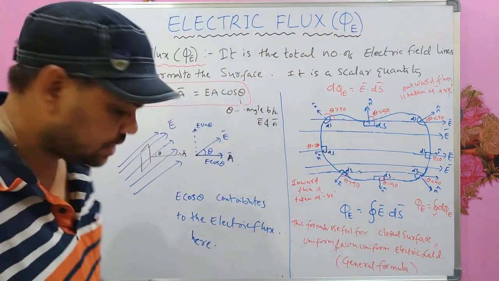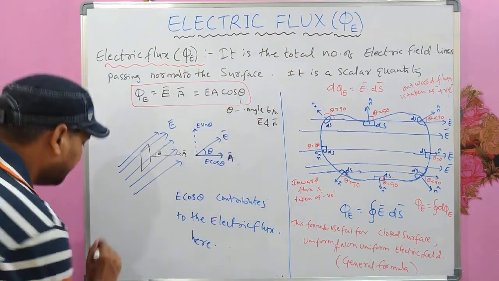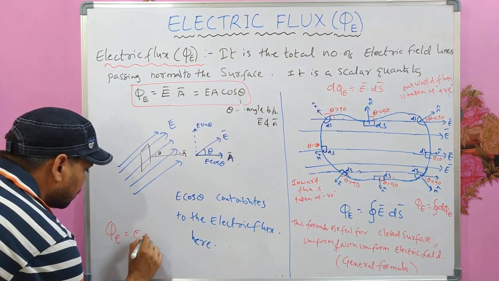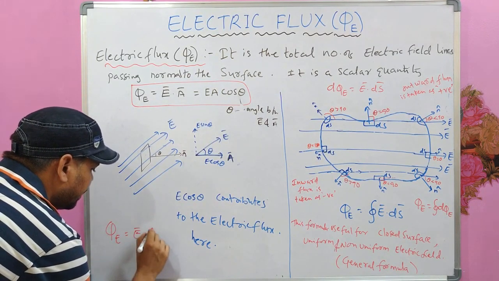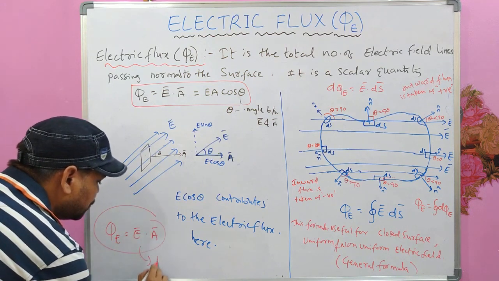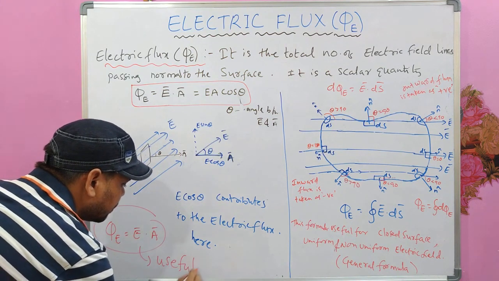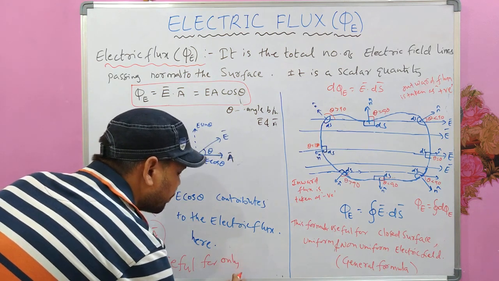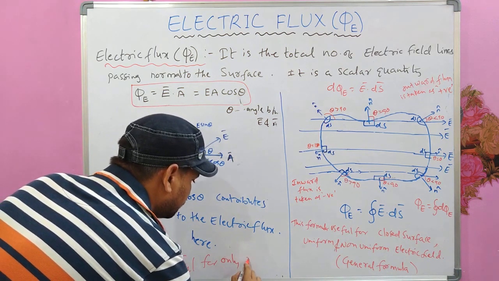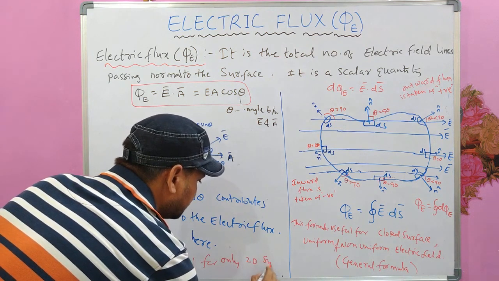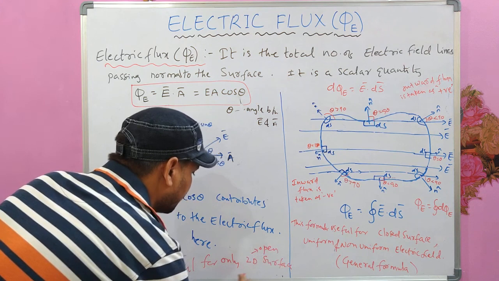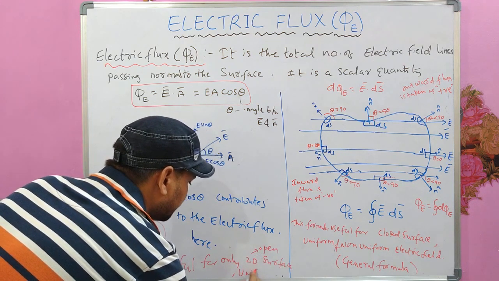Whereas phi E equal to E dot A is useful for only a 2D surface, that is an open surface, with a uniform electric field.